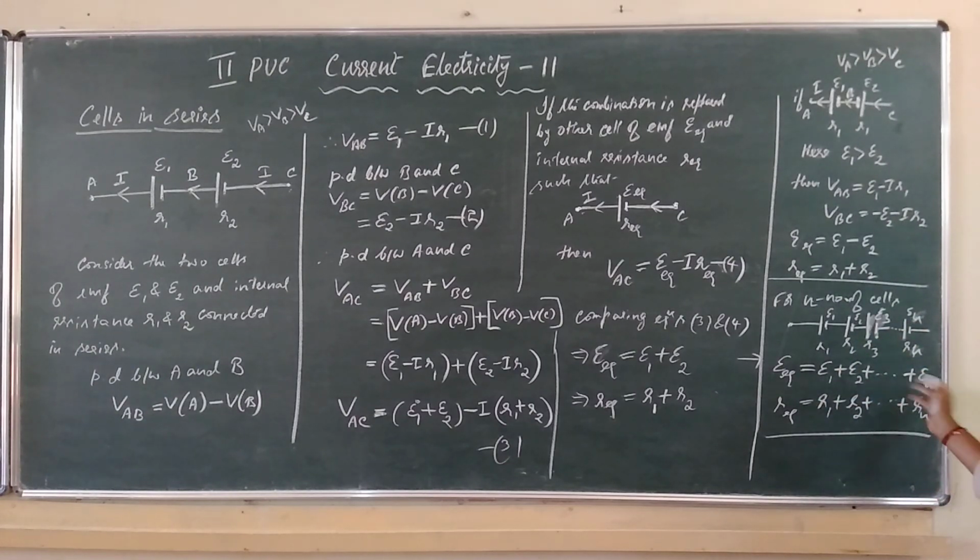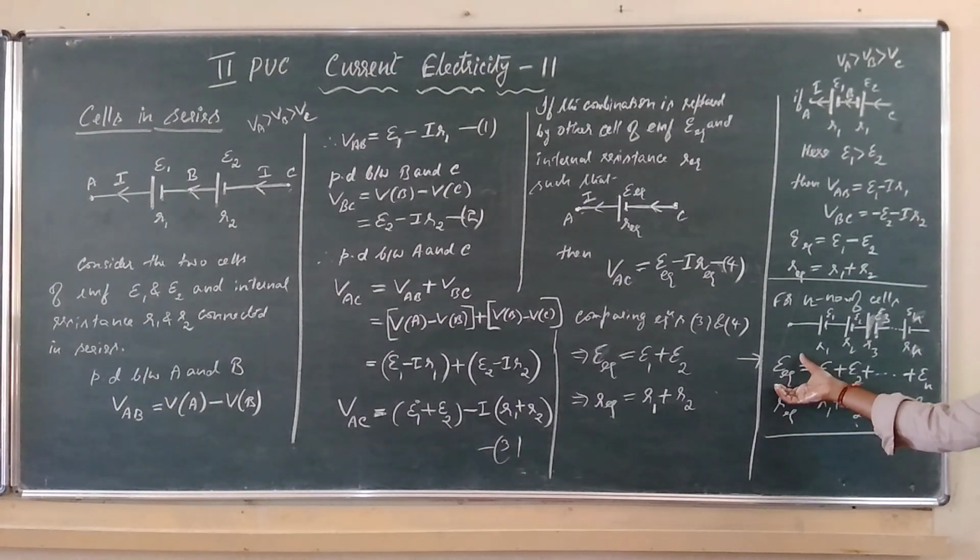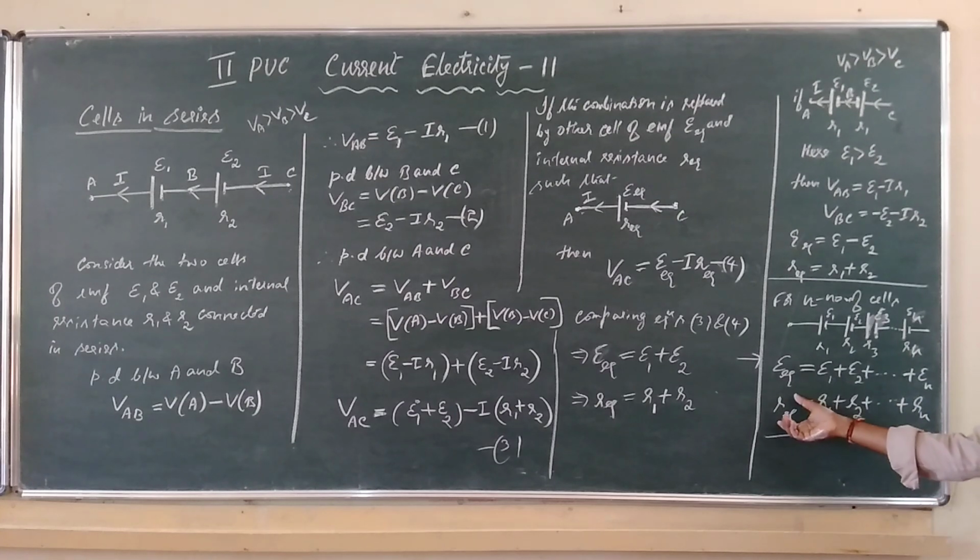The effective resistance in series combination is R1 plus R2 plus up to Rn. So the equivalent EMF of cells connected in series is the sum of the EMFs of individual cells, and the equivalent internal resistance is the sum of the internal resistances of individual cells. This is an important derivation, may be asked for 5 marks.